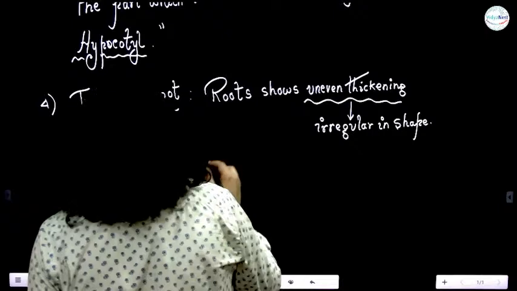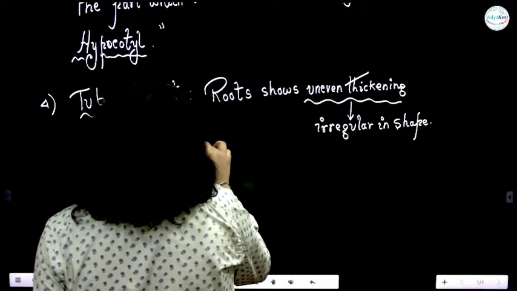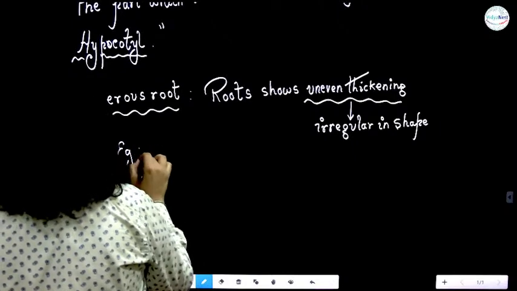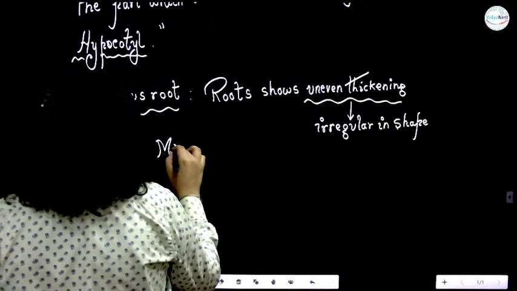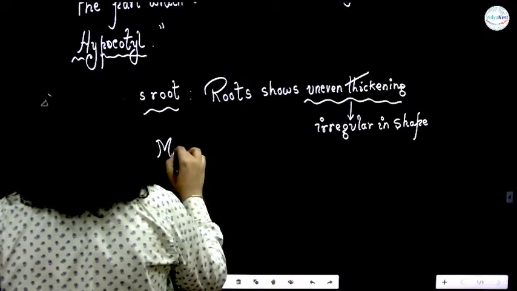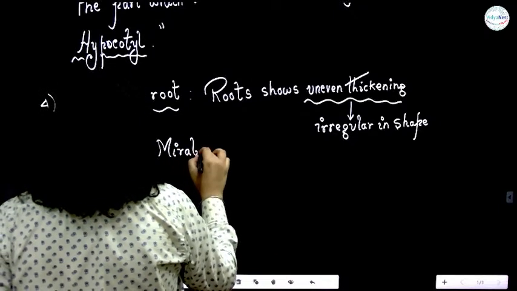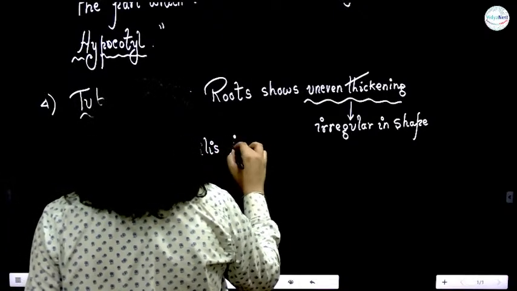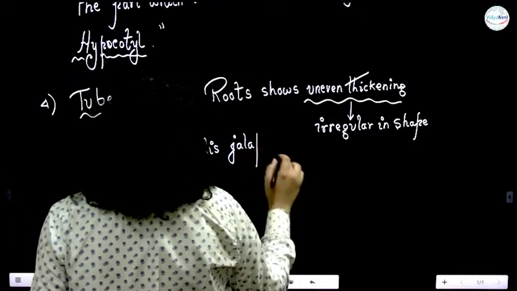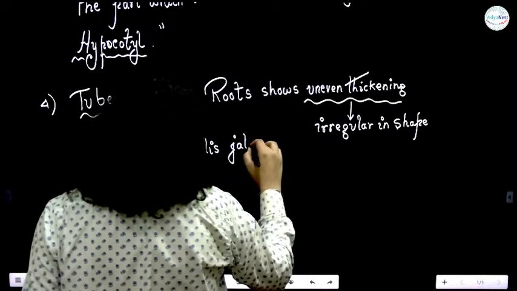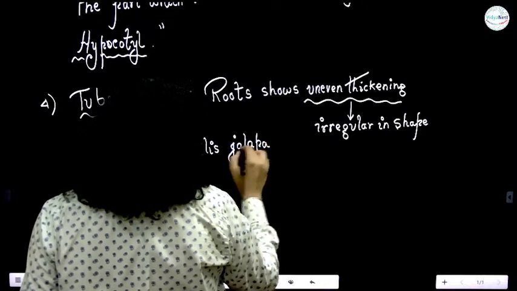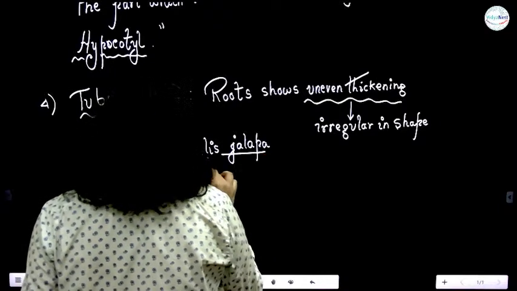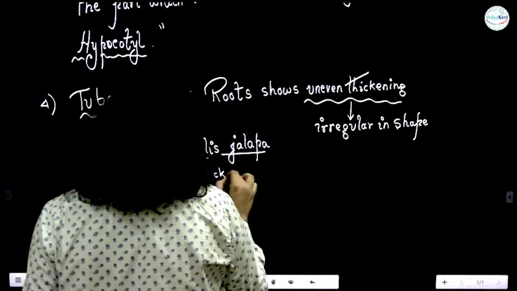This type of root is found in, for example, Mirabilis jalapa, which is also known as the four o'clock plant.